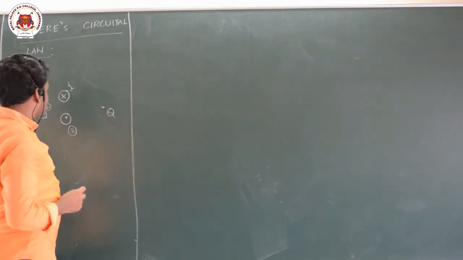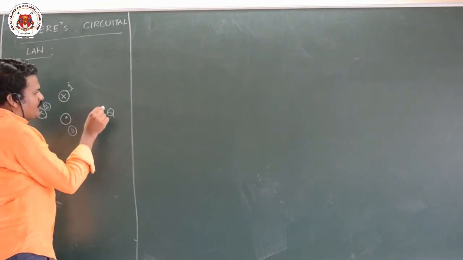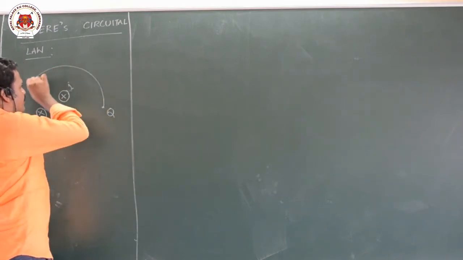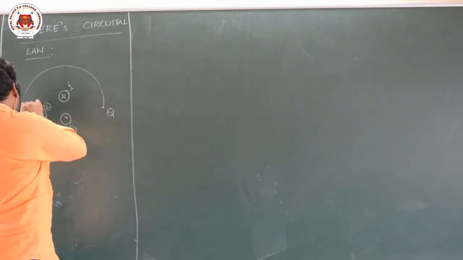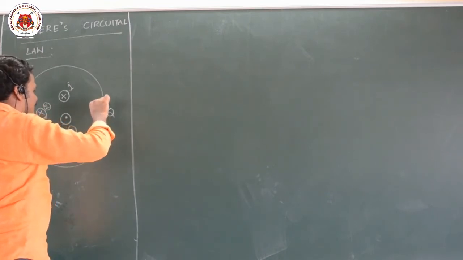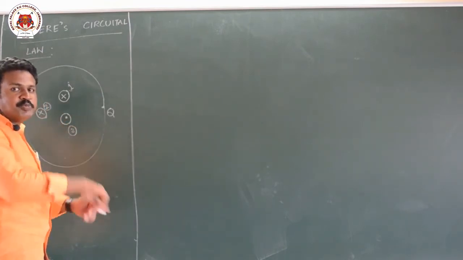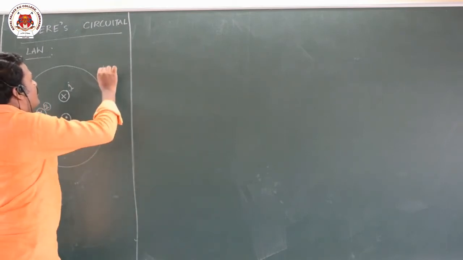What Ampere's circuital law says is, you take this point as the radius and draw a line integral, complete one circle, complete one loop. Here we are drawing loops.